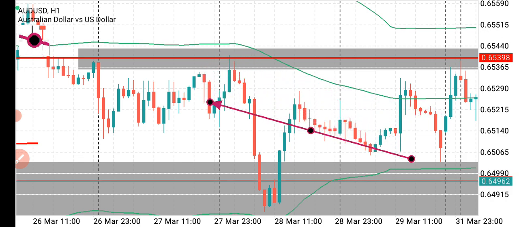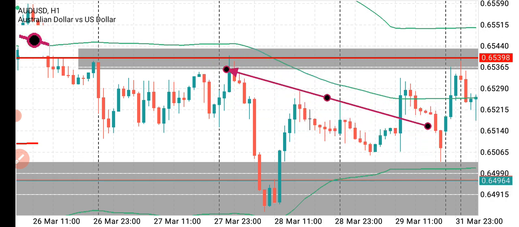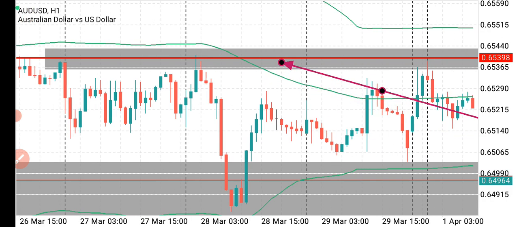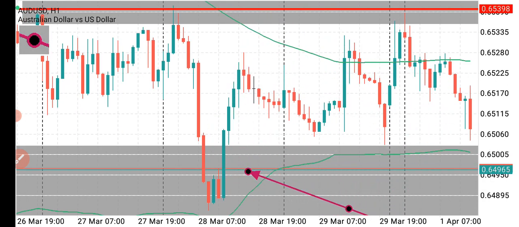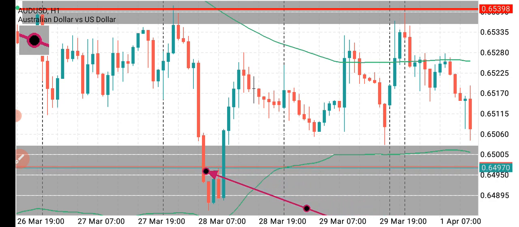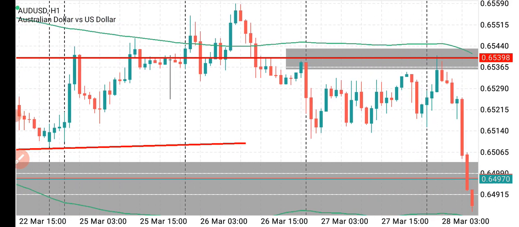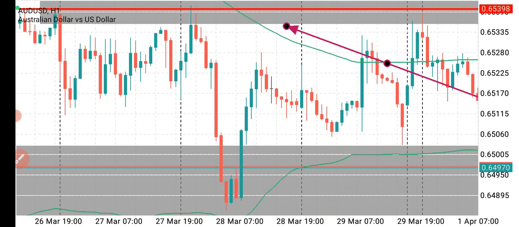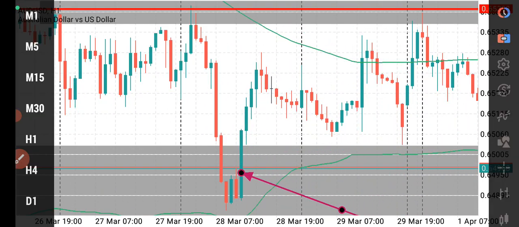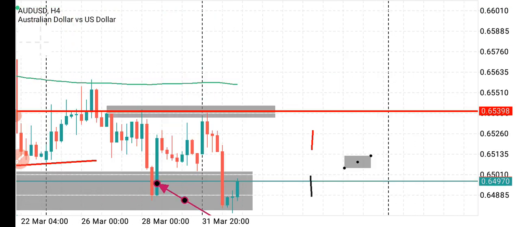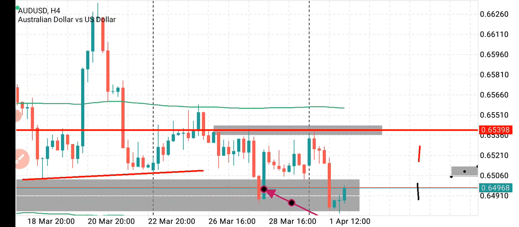Below it at this point is our support zone. Resistance up, support down, and because price has been testing these zones over time, we've marked them as our levels of support and resistance. You can see it from a higher time frame view.